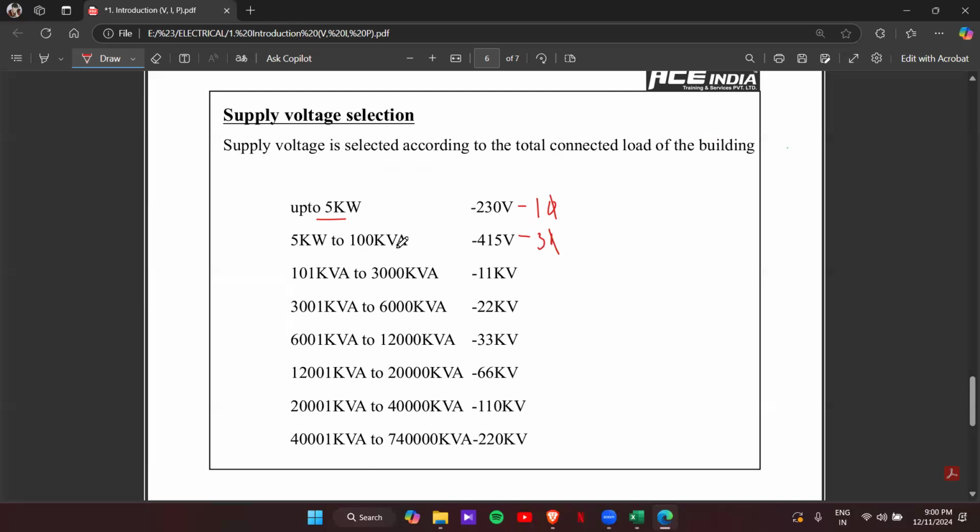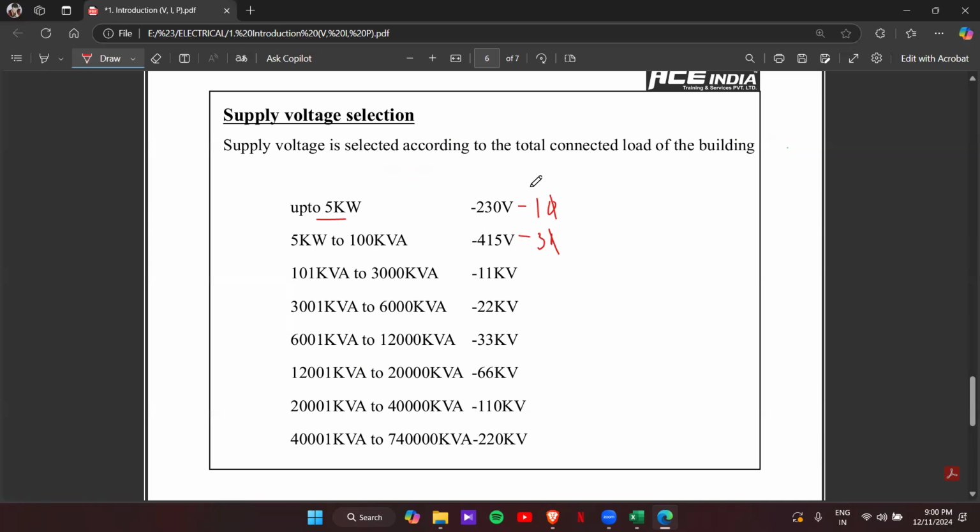If the total connected load is above 100 kVA, we don't get supply directly from the EB. That means you have to buy a dedicated transformer for our building. Then they will give 11 kV supply. That 11 kV we can step down, then distribute.